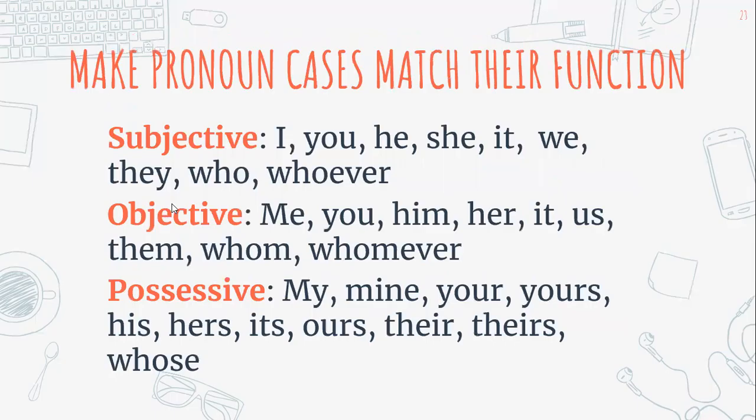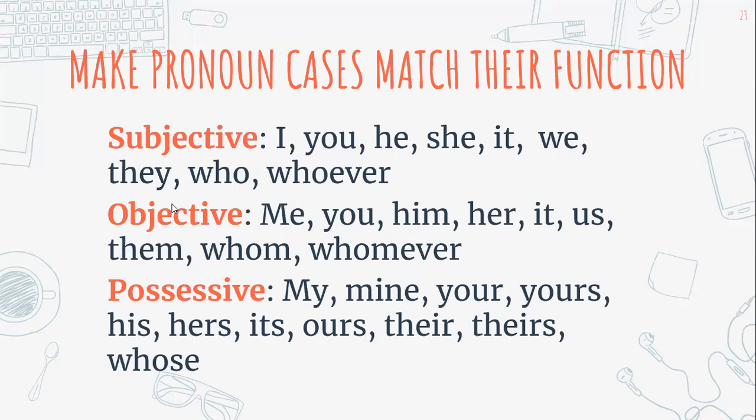So apart from being consistent, we also have to ensure that our pronoun cases match their function. So in one of our earlier grammar and mechanics classes, we would have established that pronouns, just like nouns, also have different cases that show their role in the sentence. So is the pronoun the subject?